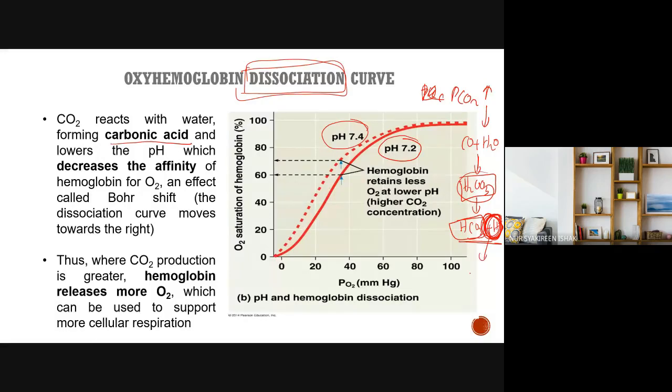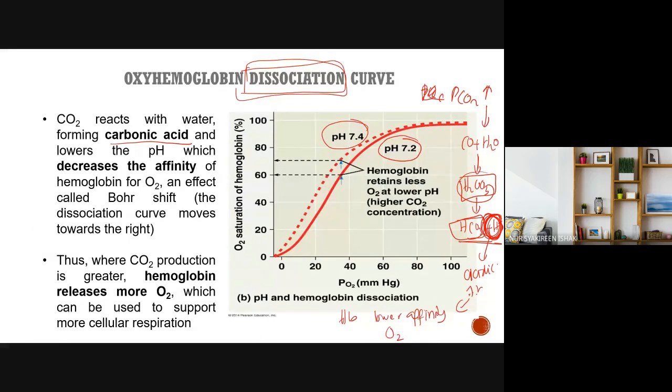So when your blood is acidic, okay, 7.2 condition dia, so this will lower the affinity, make the hemoglobin have even lower affinity towards oxygen.